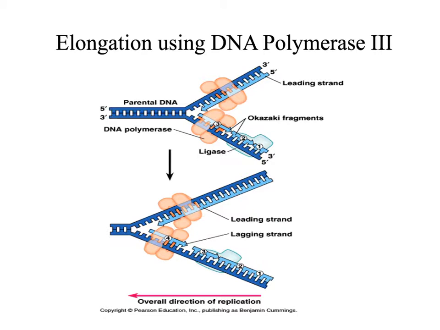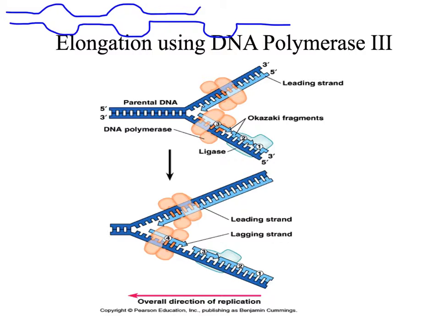So, on the last slide, dark blue DNA was our old DNA. So right now, let's change our colors. On the last slide, we had these origins of replication. Do you remember seeing this? Okay.